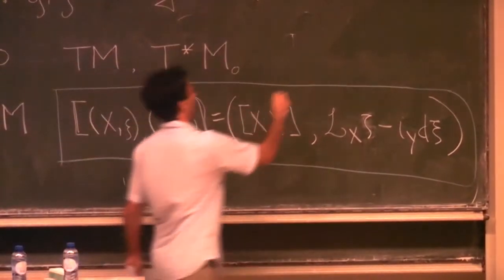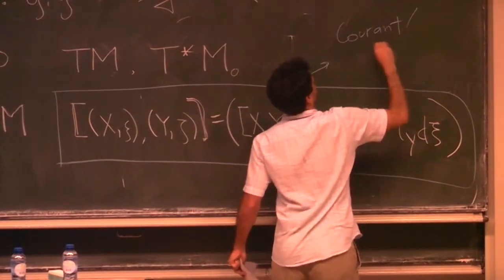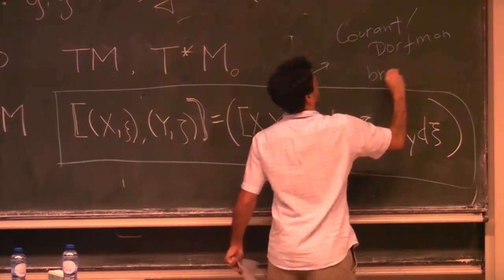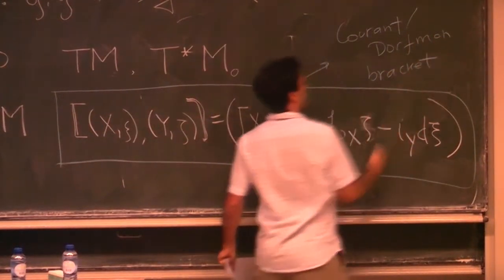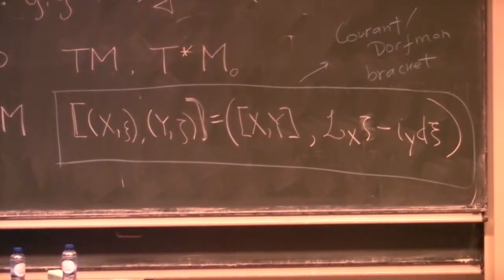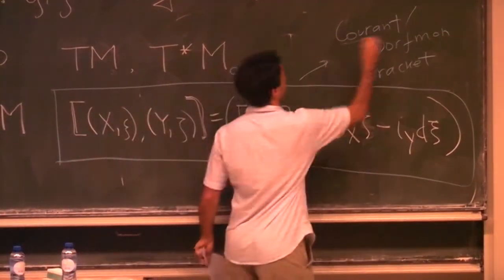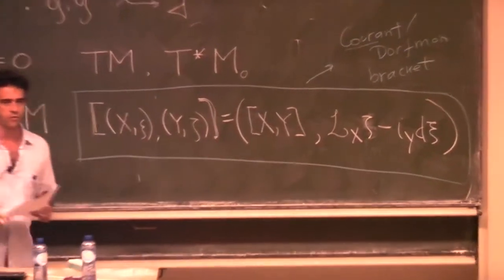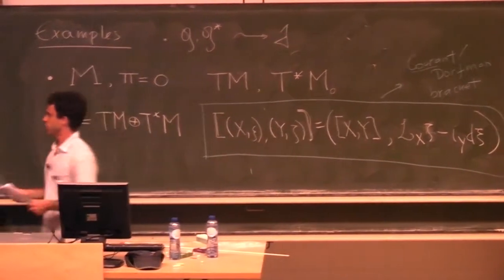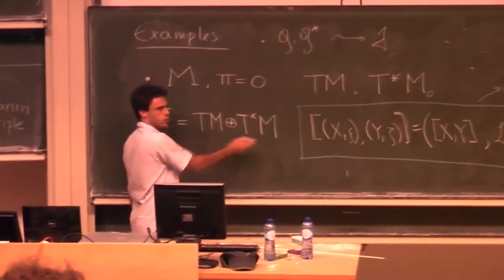And this is the so-called Courant-Dorfman, or Dorfman, bracket. Basically, this bracket appeared in the work of Dorfman, and a skew-symmetrized version of this bracket appeared in the work of Ted Courant, in the context of mechanics, of constrained mechanics, and the study of objects known as Dirac structures that were first defined in this setting for this particular Courant algebroid.